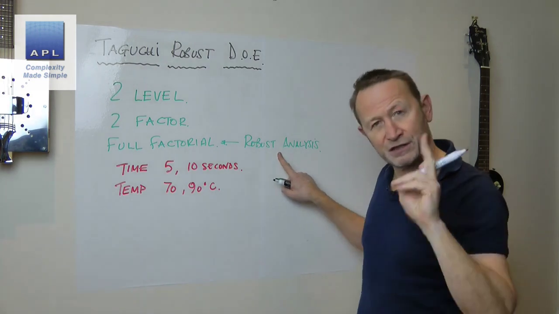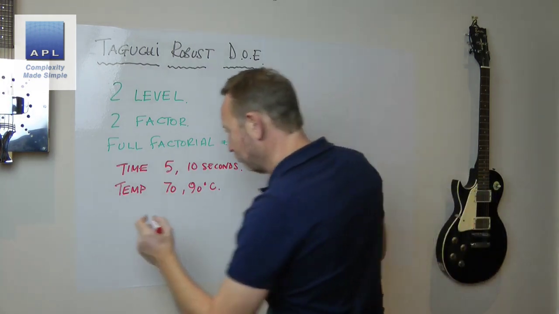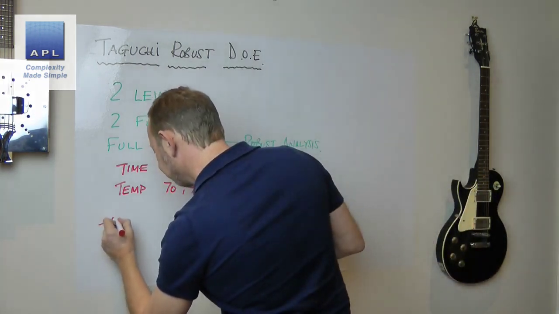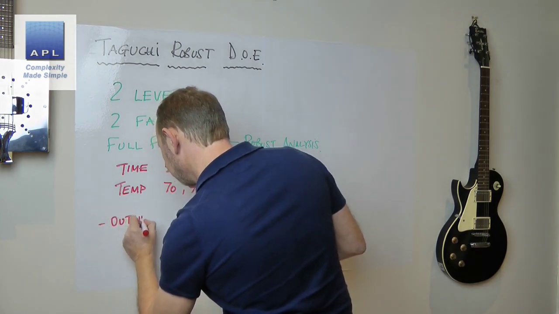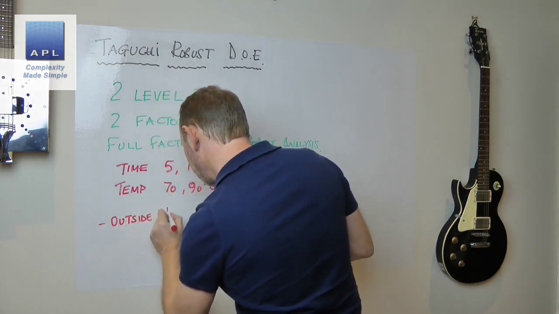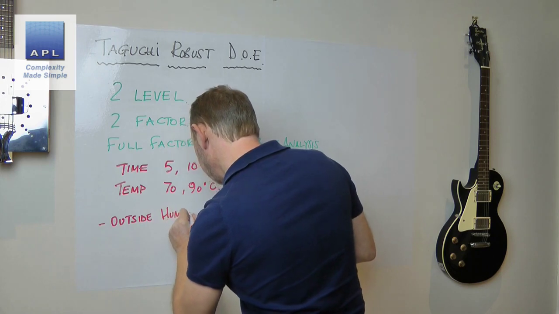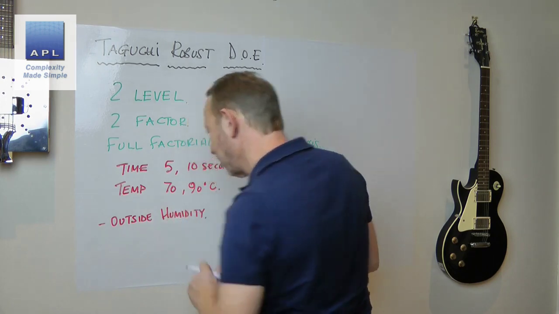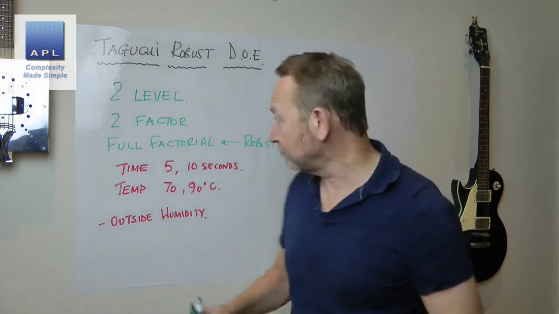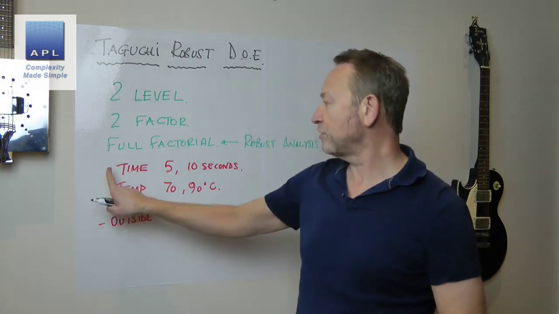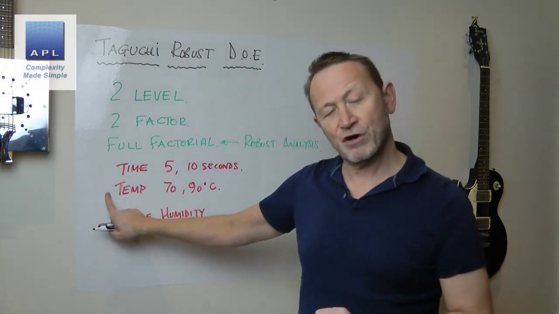Now the thing that we want to be robust to is outside humidity. All right, now clearly when we do the DOE, I can control these two.